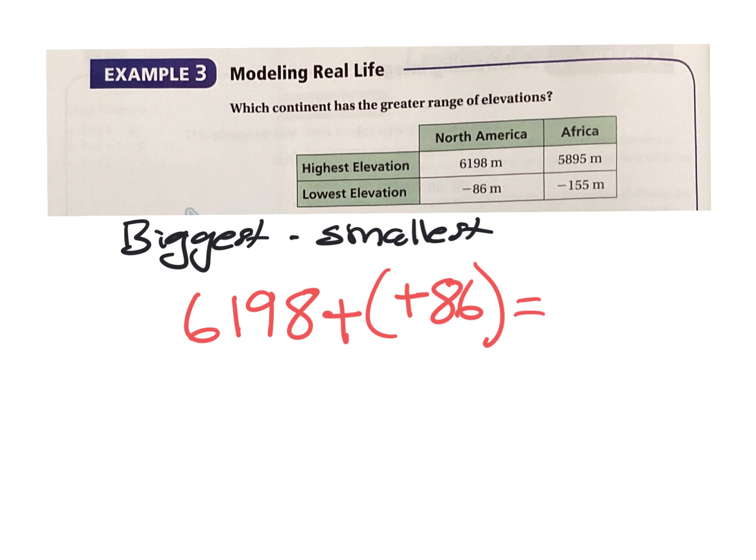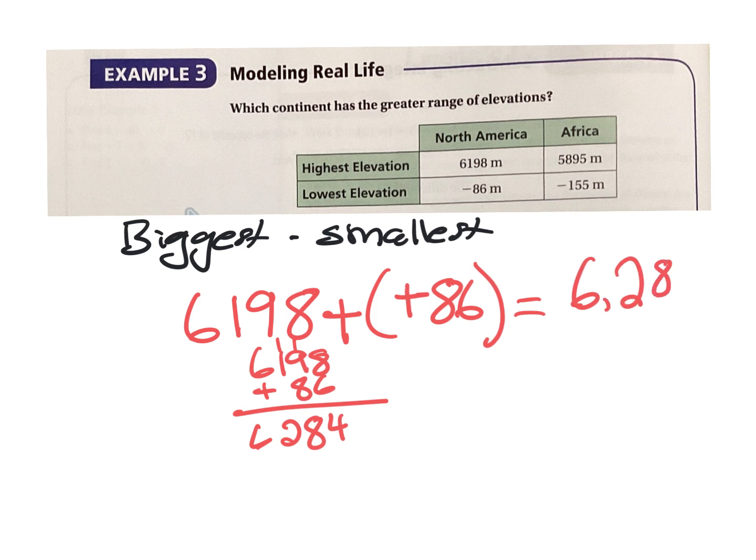So now I have 6,198 plus 86. And I add those up, and I get 6,284. And that's the range of North America.